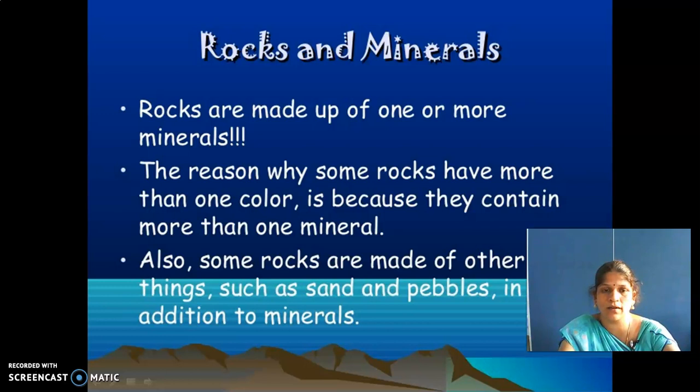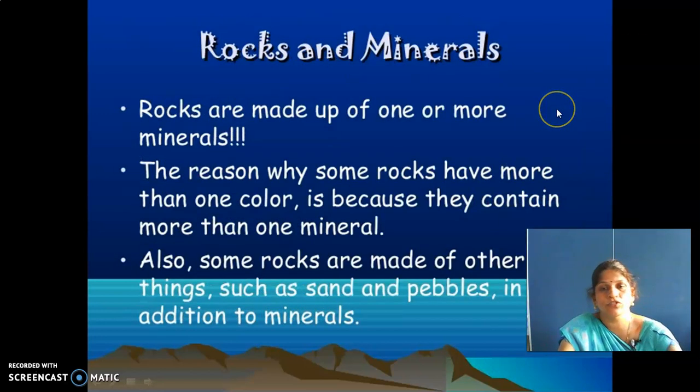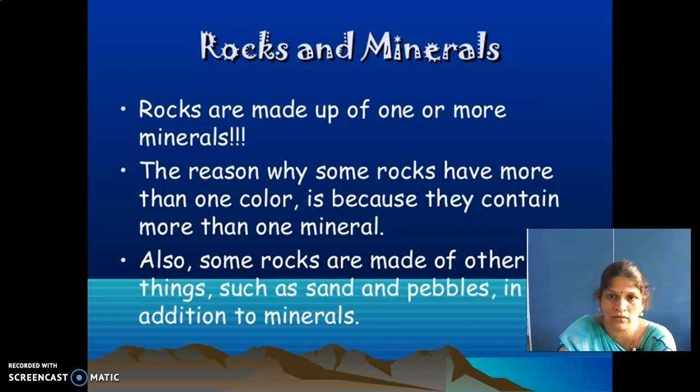Okay, children, read with me for a minute. Rocks are made up of one or more minerals. The reason why some rocks have more than one color, as we can see, is because they contain more than one mineral.